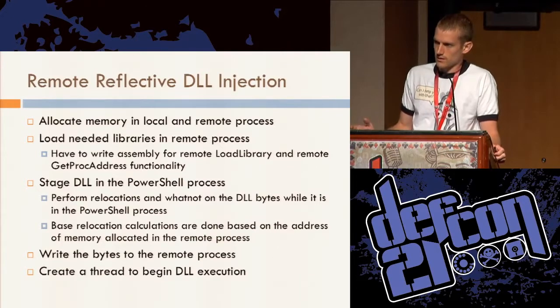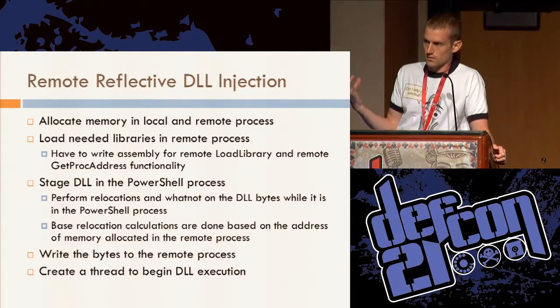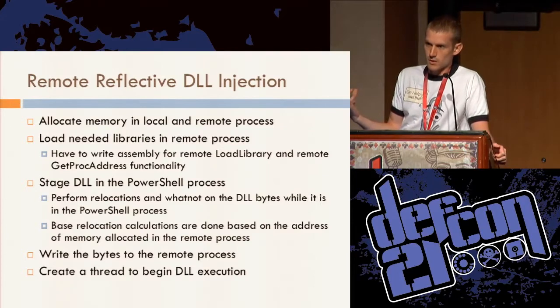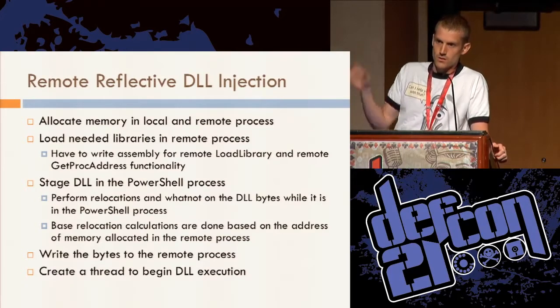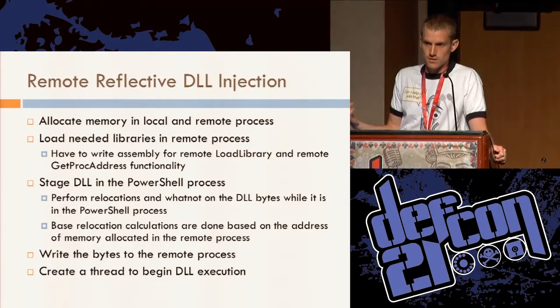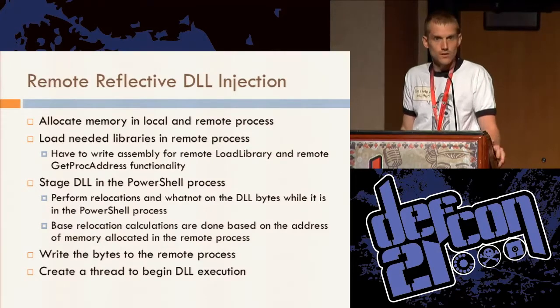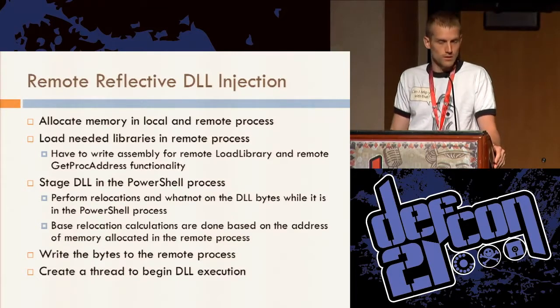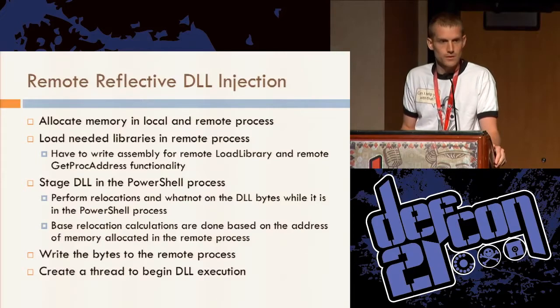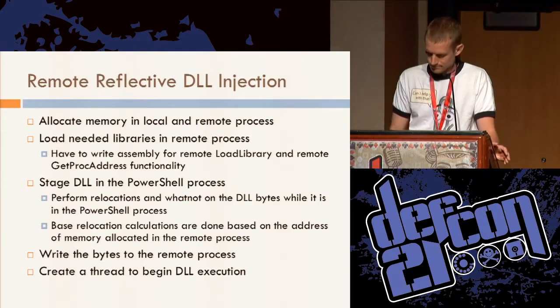Once you've done all this, you end up with the DLL, which is currently in the PowerShell process, but all of the memory addresses have been patched as if it was being loaded in the remote process. So all you need to do is take those bytes and write them into the remote process, and the DLL is pretty much ready to go. You just give it its own thread and it'll start executing.